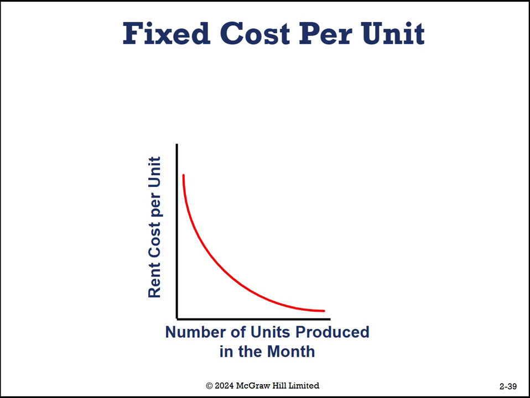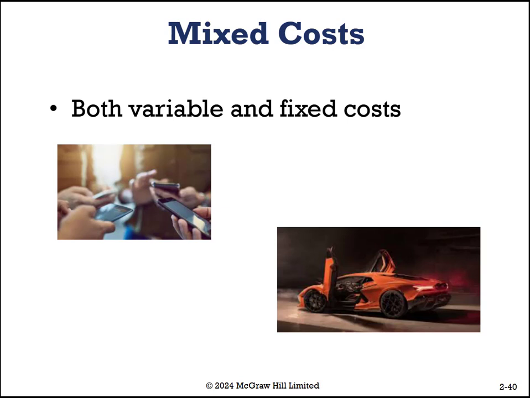Now, lastly, you might have both variable and fixed costs. Those are mixed costs. This might be something like your cell phone. Your cell phone bill might charge you a monthly cost for the actual physical unit, like $20 a month for your unit over the next 2 years.